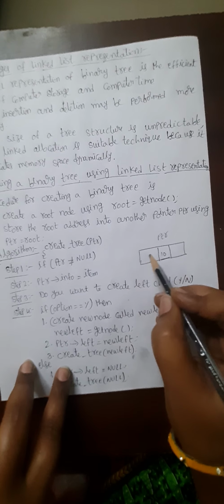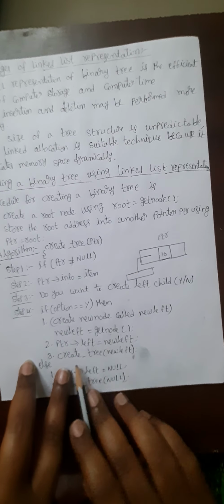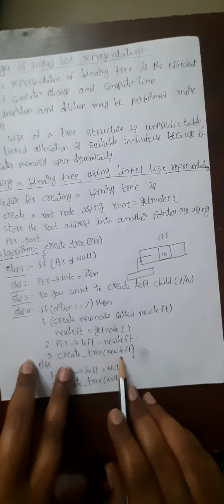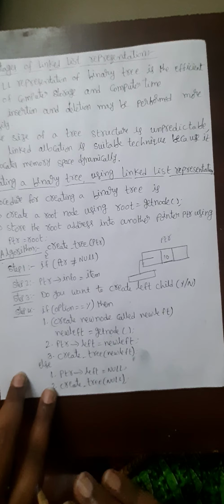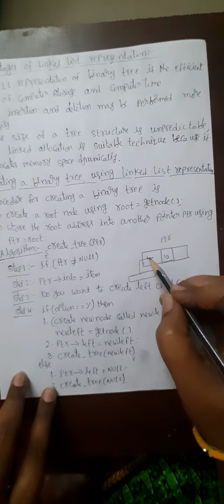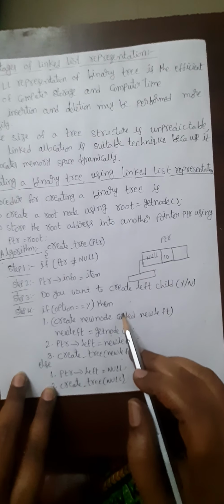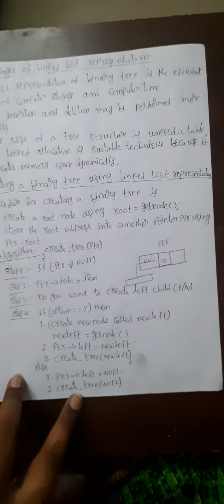Here we are creating one node, that is get node, create tree, the left node has been created. Else if we select no, then pointer to left equal to null and create tree of the left side is null.